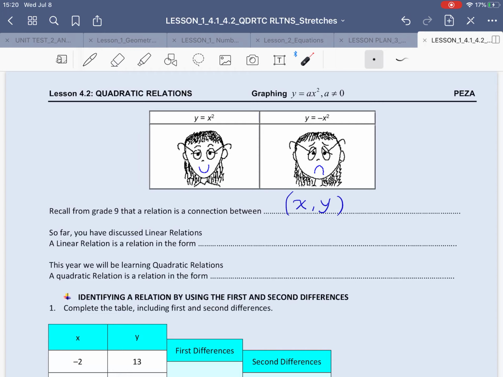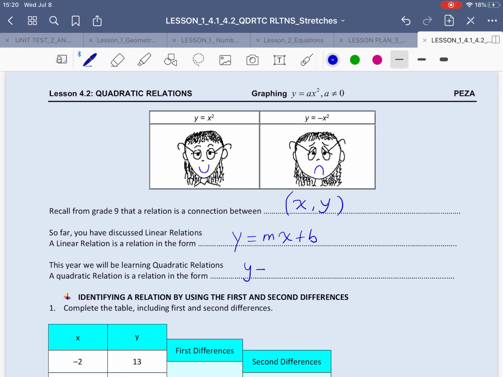But so far, we have discussed relations in equations of linear form. A linear relation is a relation in the form y equals mx plus b, if you remember from grade 9, which I'm sure you do because you probably just finished the unit of linear systems. And this year, we'll look into quadratic relations.